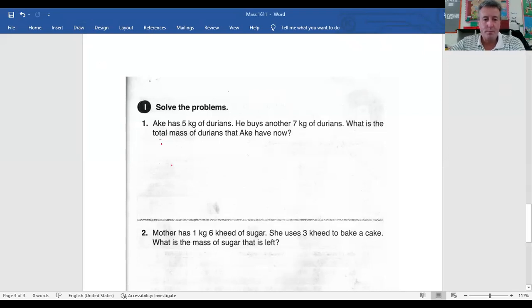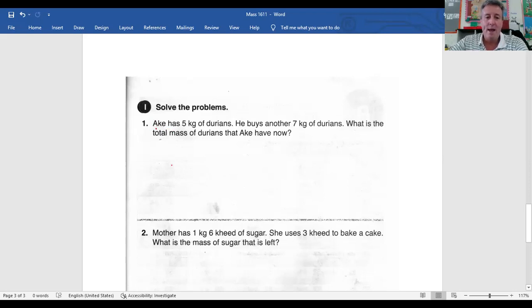Red. Okay, solve the problems. So we're going to read through and work out what we're trying to do, whether we're doing an addition using plus or a minus for subtraction. You have to read the problem and work out which way we're going to add or subtract.